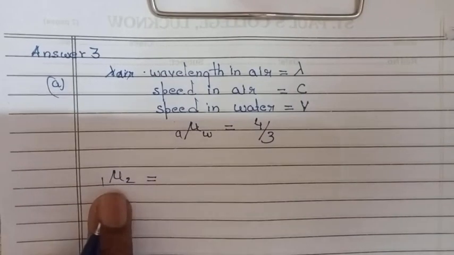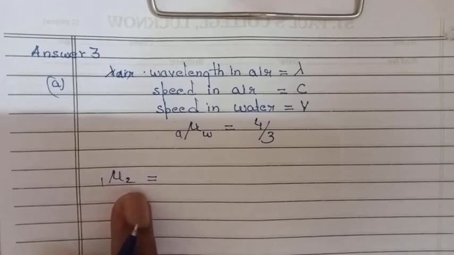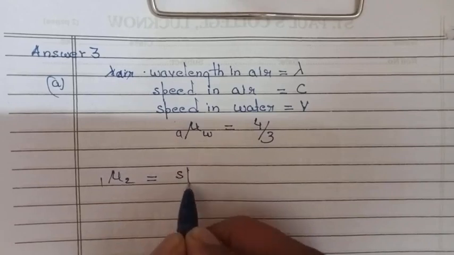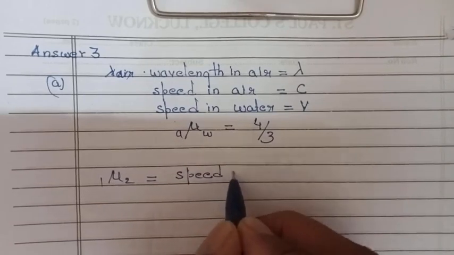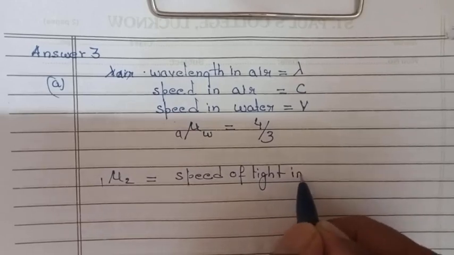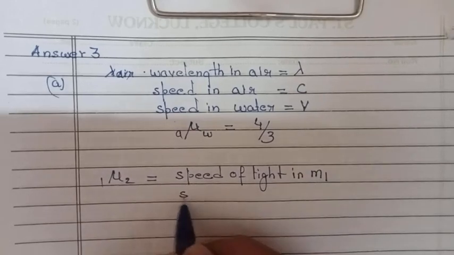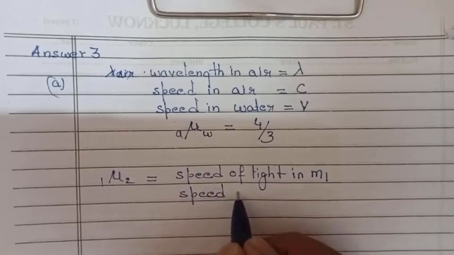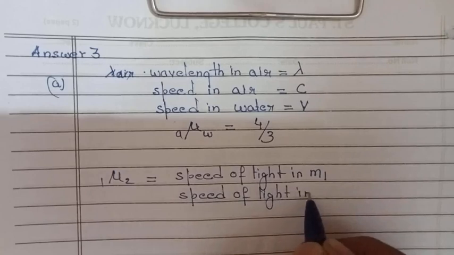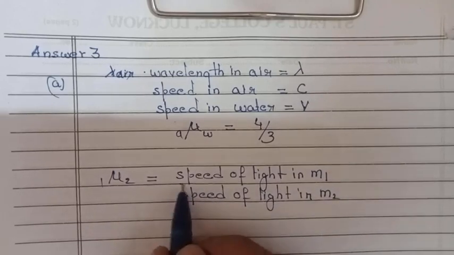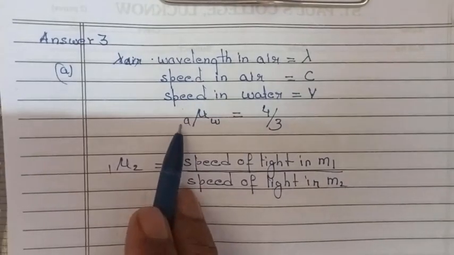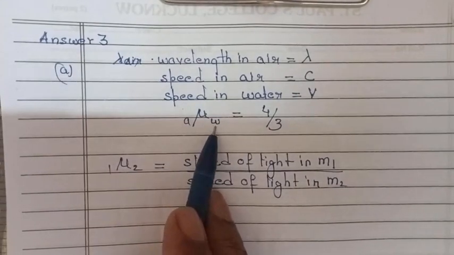This is the formula for refractive index of medium 2 with respect to medium 1, and the formula is speed of light in medium 1 upon speed of light in medium 2. So let us follow this formula. Here you can see medium 1 is air and medium 2 is water.